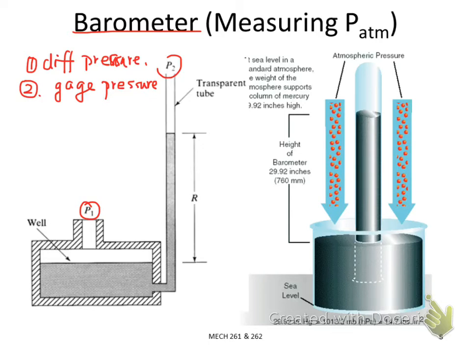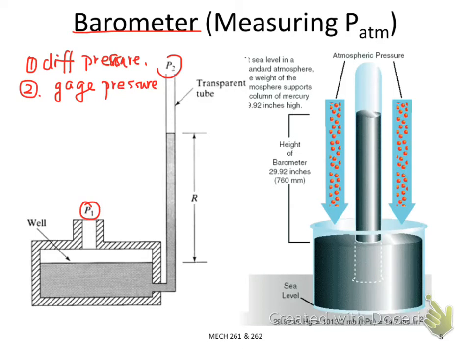In order to measure atmosphere pressure, one of your ports will be exposed to the atmosphere, and of course the other port you need to connect to vacuum. That means the pressure at the other port is 0.